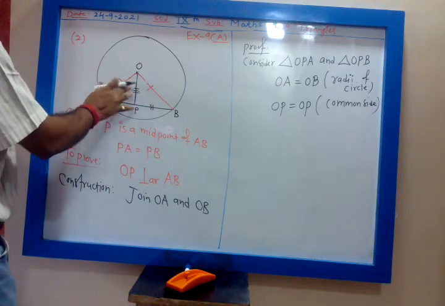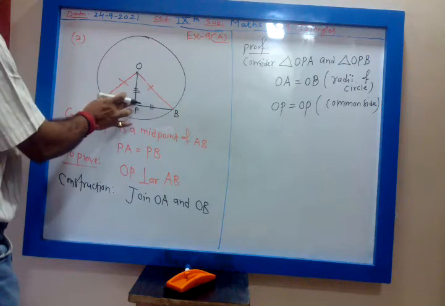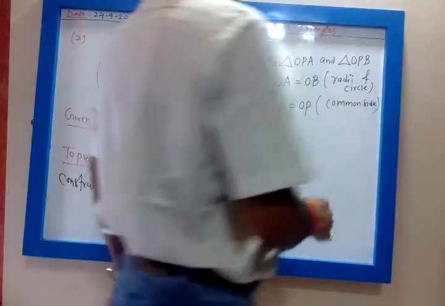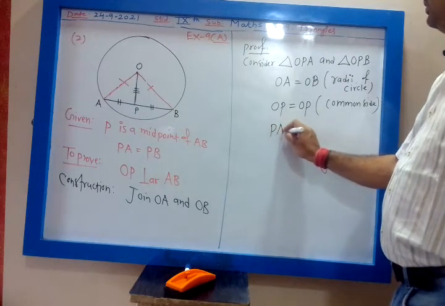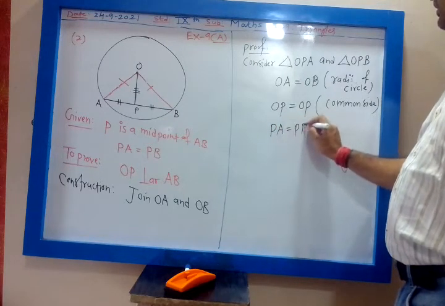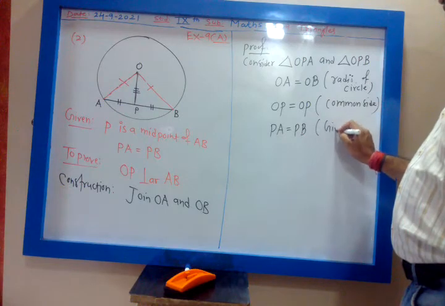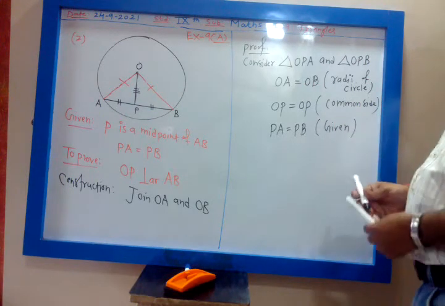Then two sides we have shown that they are equal. Now the third side is already given equal. PA is equal to PB. It is given, because P is the midpoint of AB.